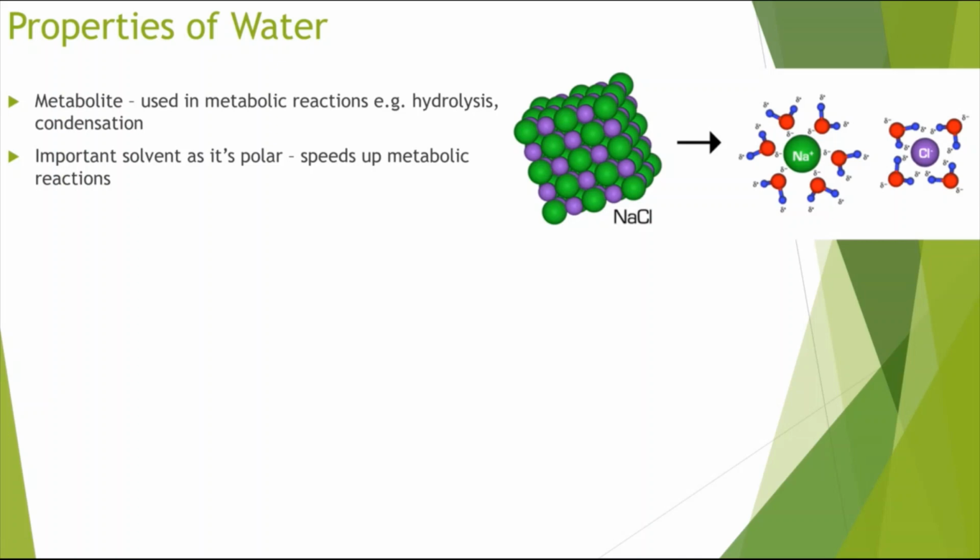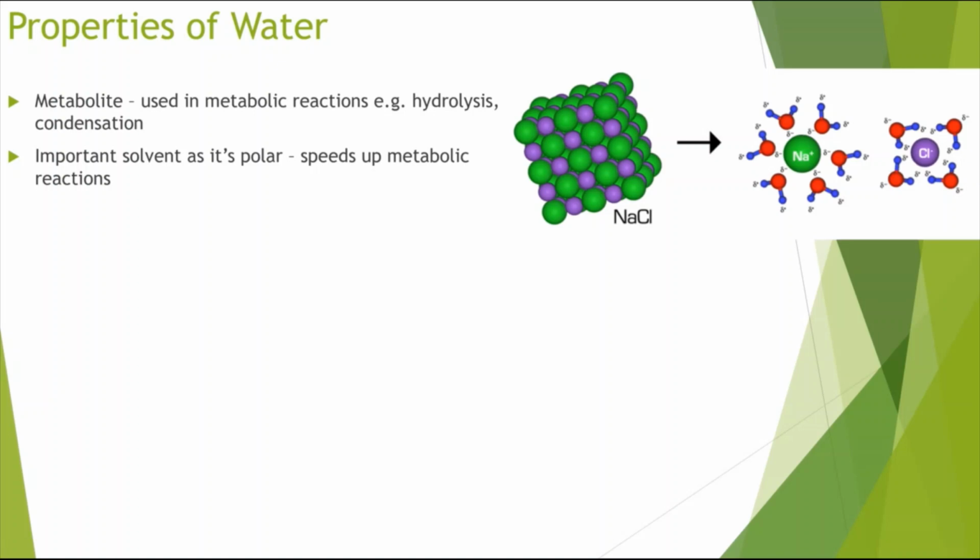So for example, when we have the NaCl salt, what dissolving means is that the H2O molecule basically forms a bond with the NaCl. Na being positive, the negative part of the H2O molecule, so the oxygen, would form a bond with the positive part of NaCl, which is Na, and it'd be the other way around for Cl minus.